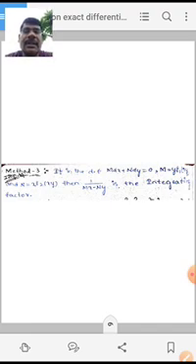Suppose that it is not a homogeneous differential equation and we are not getting it by the derivative formulas, then we use the next form, that is, the form M dx + N dy equal to 0, where M is equal to y into f1(xy) and N equal to x into f2(xy). Then the integrating factor is 1 by (Mx − Ny).